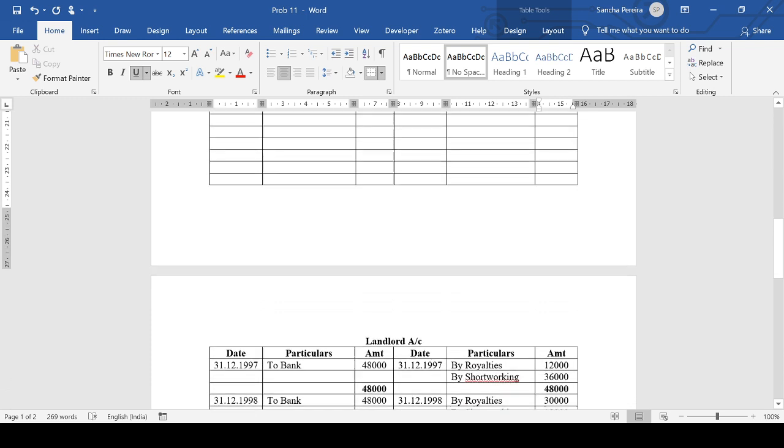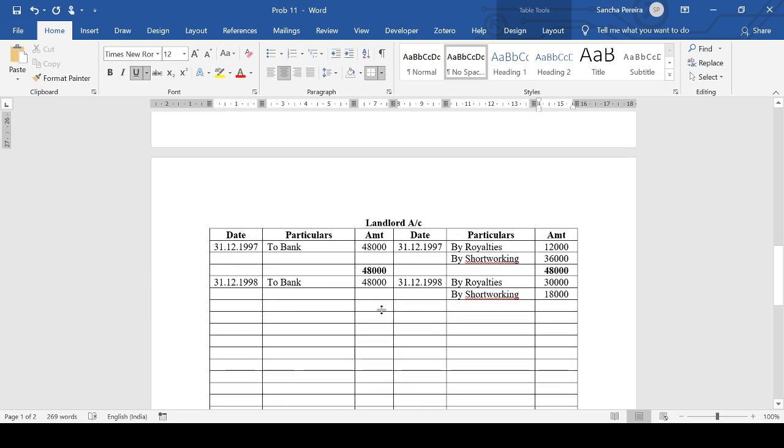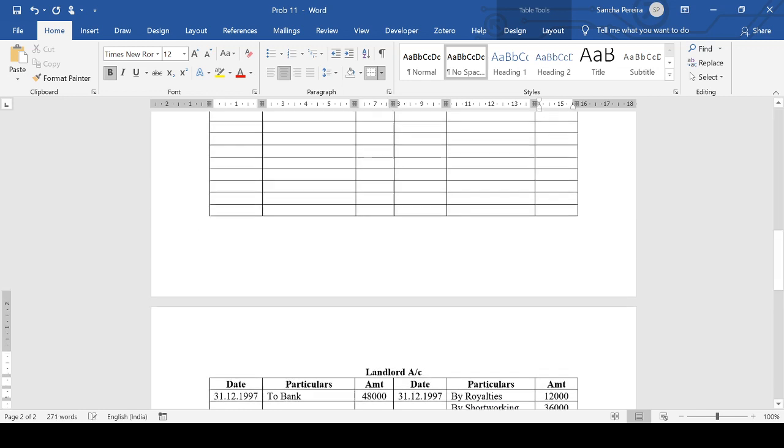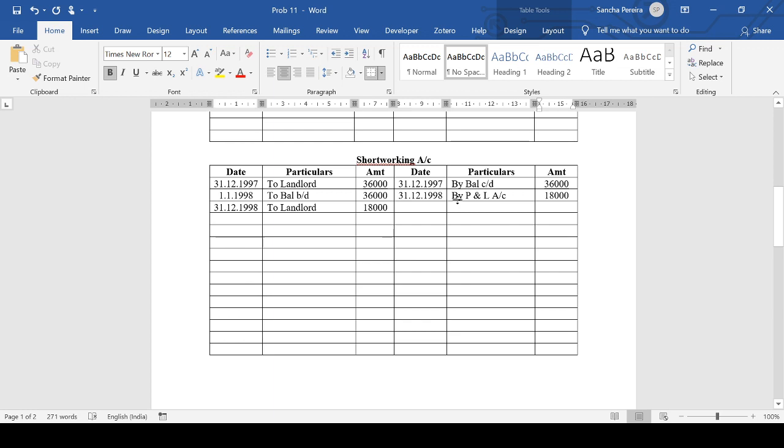Close this. This will tally automatically. So this is 48,000. Here you will have a balance carried down.